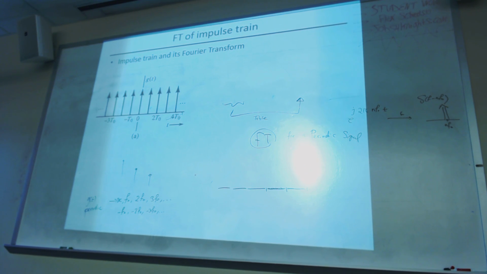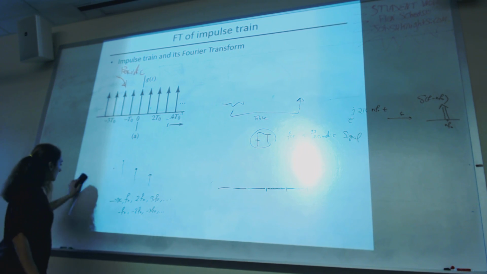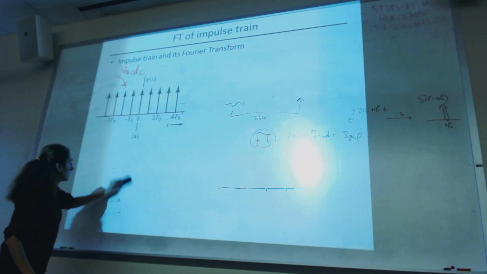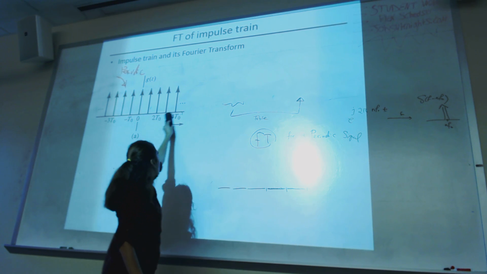Okay, so now let's look at one example. Impulse train. This is a periodic signal. Everybody agree? This is periodic. Anybody remember the Fourier series for this one? Chapter 2. We had this impulse train, and the Fourier series was something very simple.